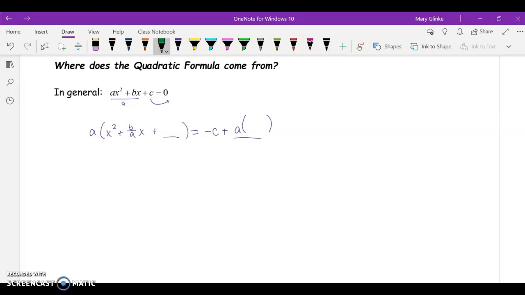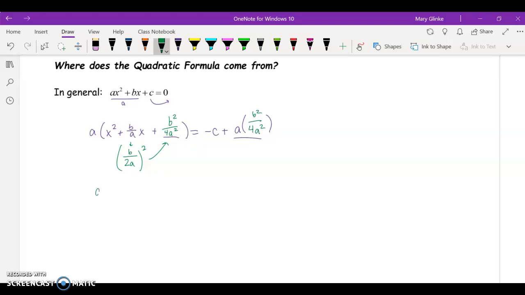Now, when we do completing the square, we take this middle term and divide it by 2. So that's going to become b over 2a, and then we're going to square that. So that's going to become b squared over 4a squared. So we're going to write b squared over 4a squared on the other side as well.